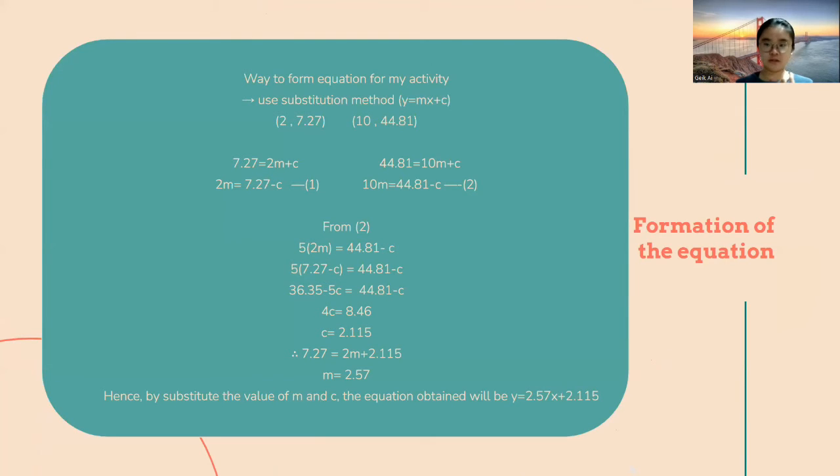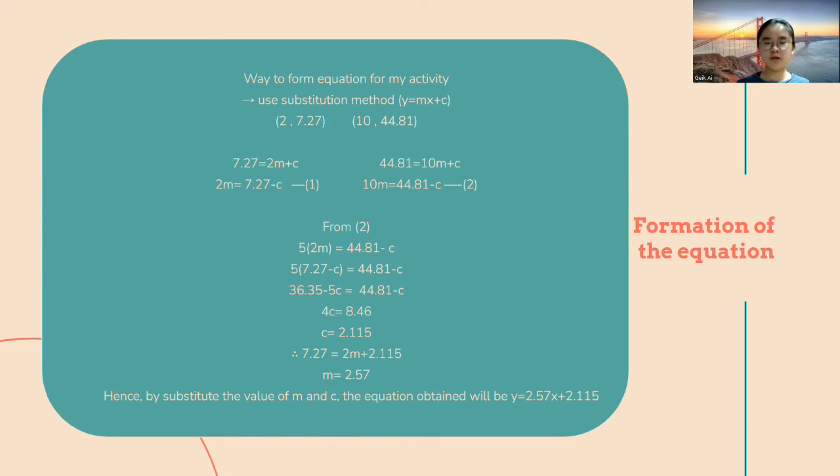This is how I form my equation. I'm using the substitution method, which is substitute the value into y equal to mx plus c. I'm picking up 2 points, which is the first point and the last point. This is to ensure the finding will be accurate.